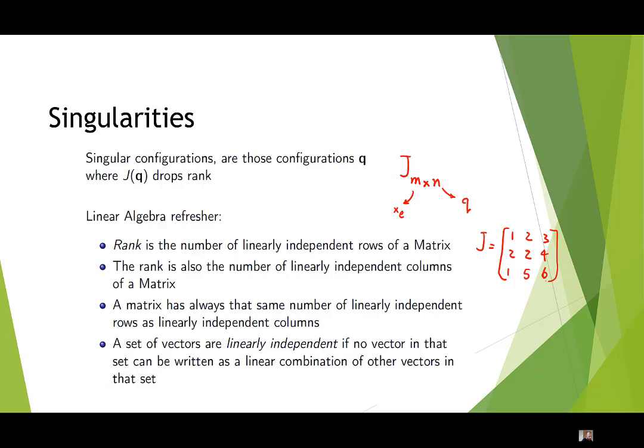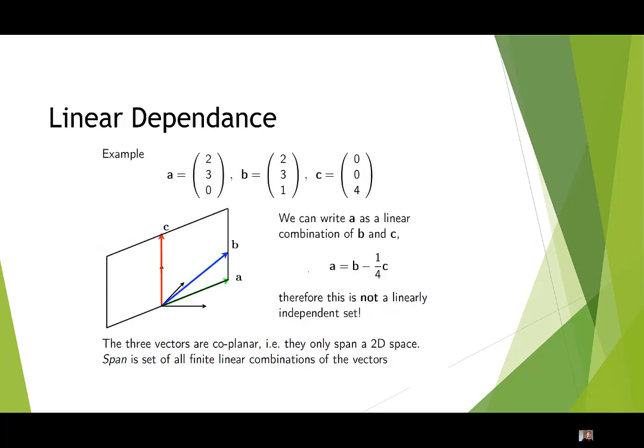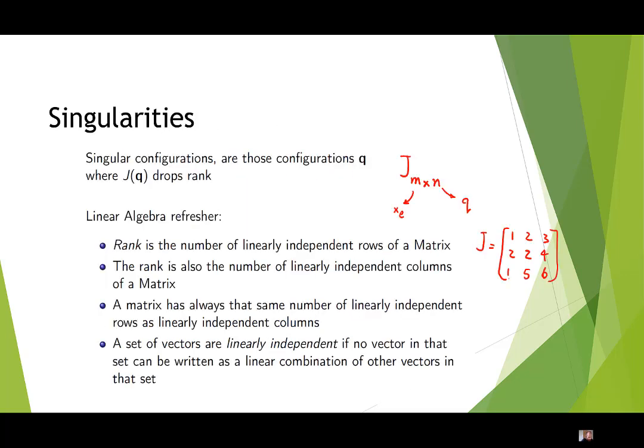If you look at this matrix, this column and this column, if you add them up, you will get this column. Therefore, the third column is dependent on the first two. It's a linear function of the first two. This is a 3 by 3 matrix, but one column is linearly dependent on the other two. Therefore, the rank of the matrix J is 2. It's not 3.